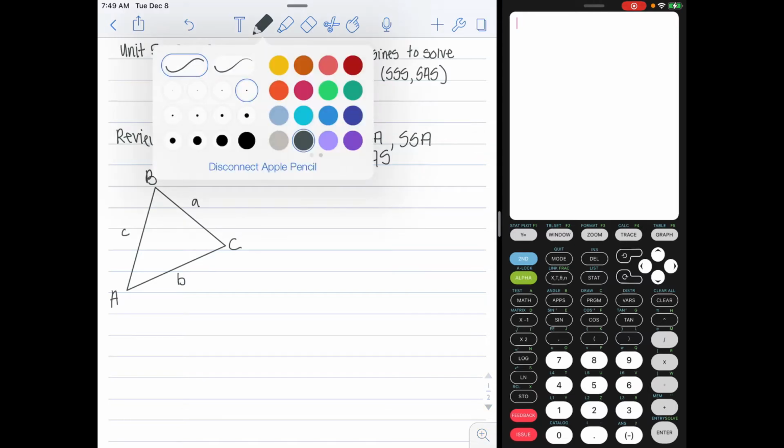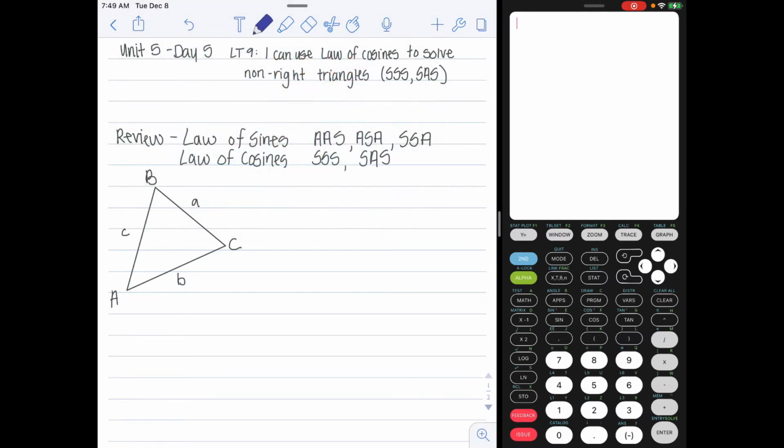So there's three equations. First one, a squared equals b squared plus c squared minus 2bc multiplied by cosine of A.